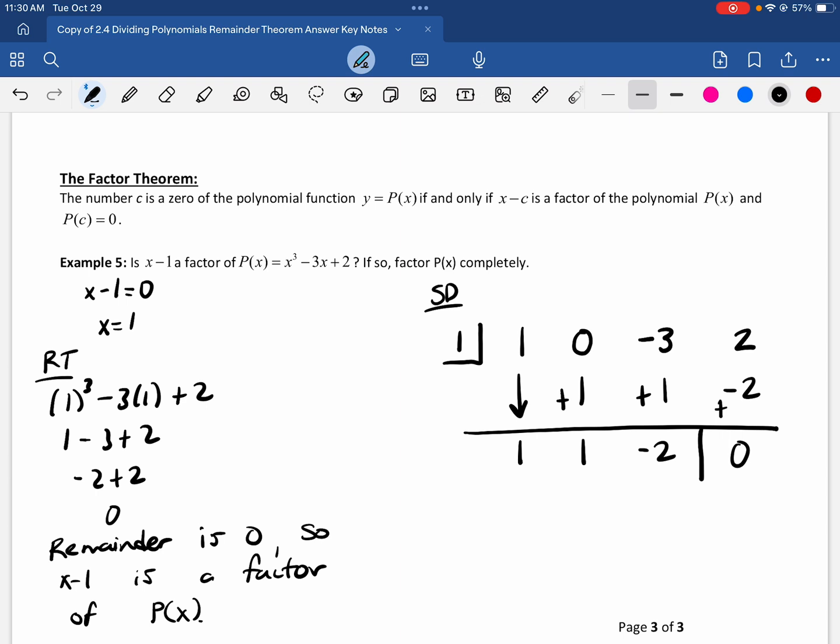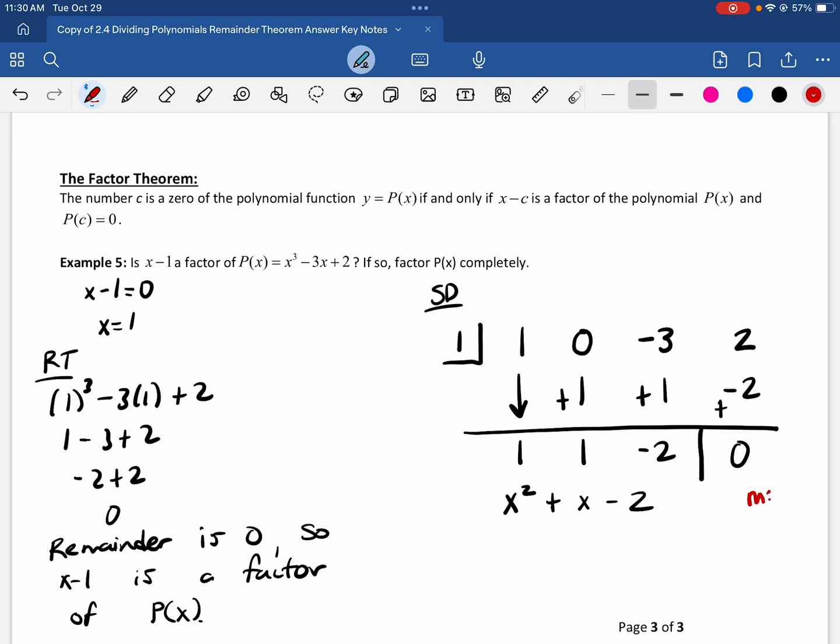If I put those x's back, remember we're going to start 1 less than our highest. Our highest was x cubed. So 1 less than that means we're starting at an x squared. So this is going to be x squared plus x minus 2. And I don't necessarily have to write those 1s in front of those x's there. This again is a quadratic. I think that we should be able to factor using slide and divide.